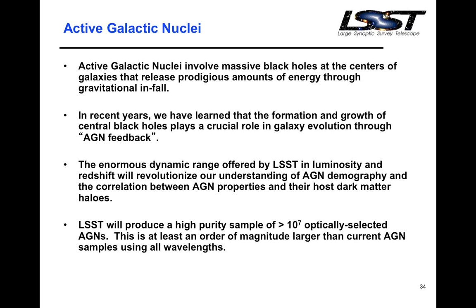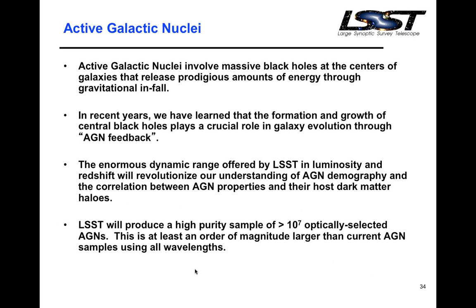The enormous dynamic range offered by LSST in luminosity and redshift will revolutionize our understanding of AGN demography and the correlation between AGN properties and their host dark matter halos. So LSST will actually produce a high purity sample of AGNs, roughly greater than 10 million optically selected AGNs. That's at least an order of magnitude larger than the current AGN sample derived from all wavelengths, from the radio to the X-ray.